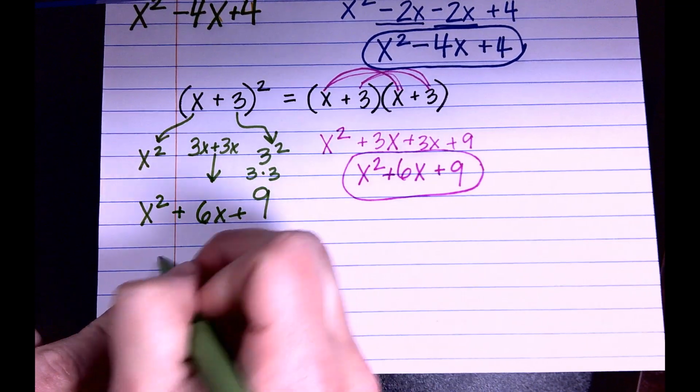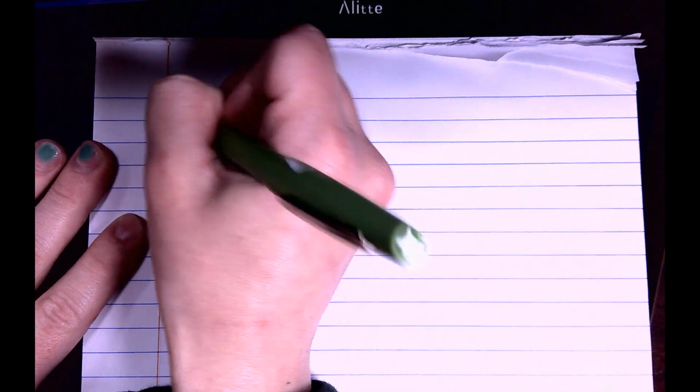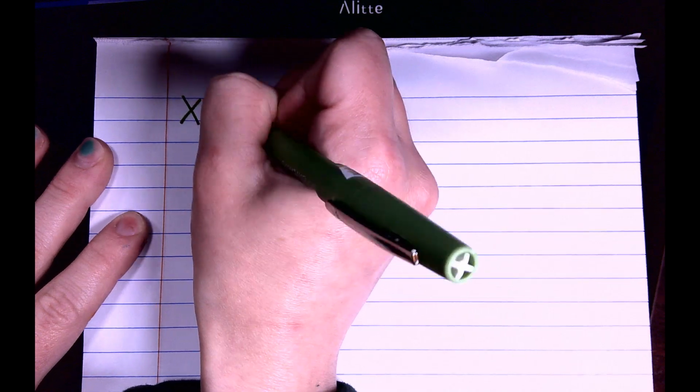So here, let's try one that we haven't solved yet. And let me actually write out that trick so that it makes more sense. So, for example, I'm going to rewrite x plus 5 squared.